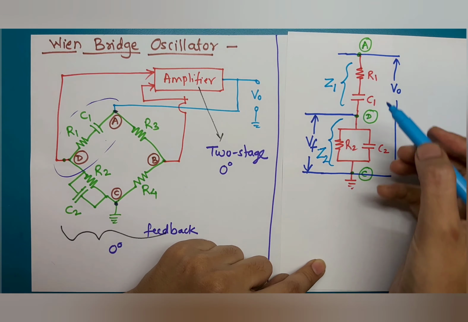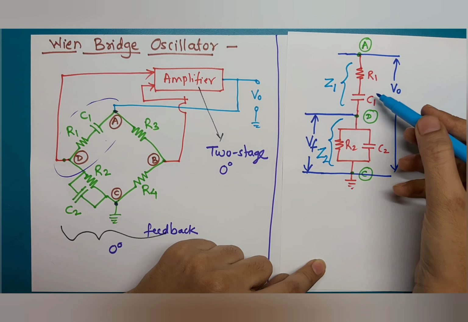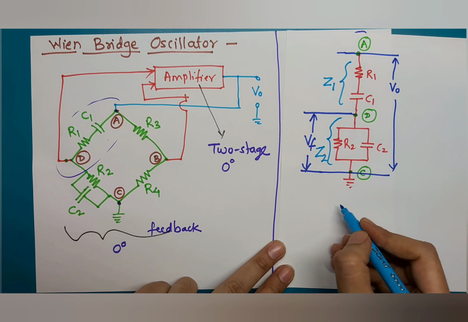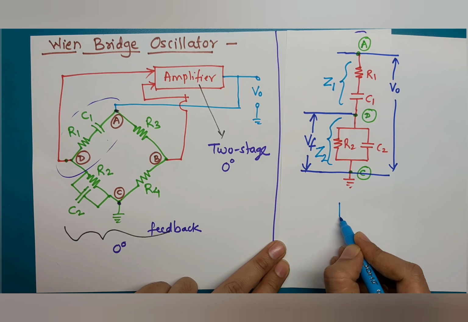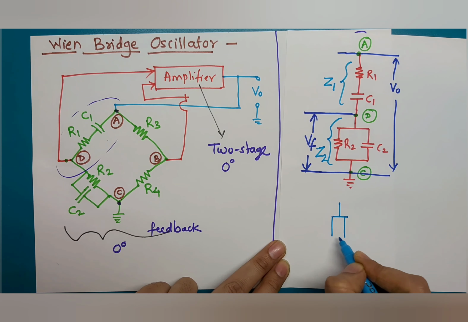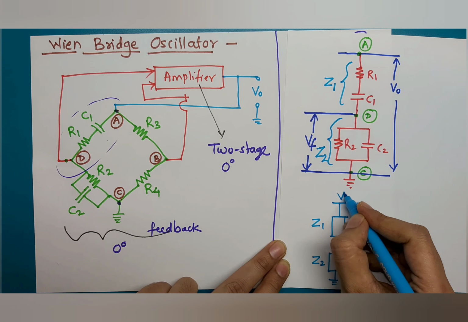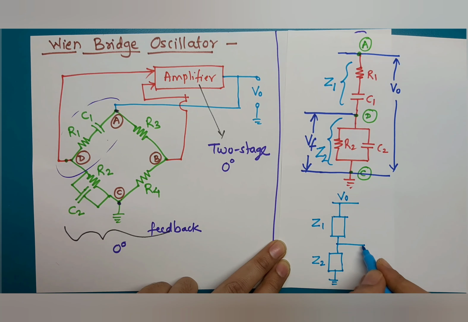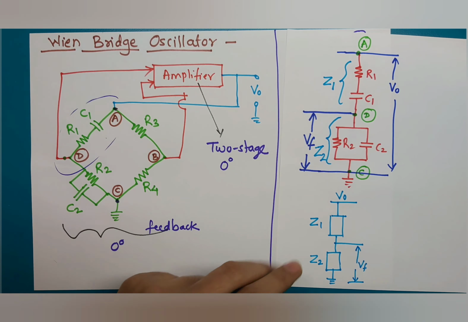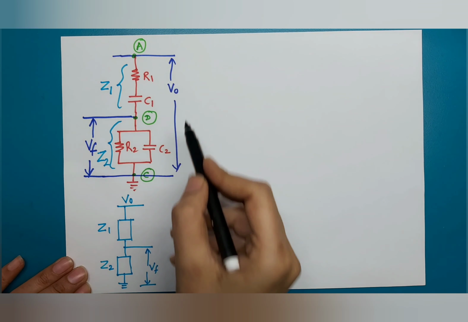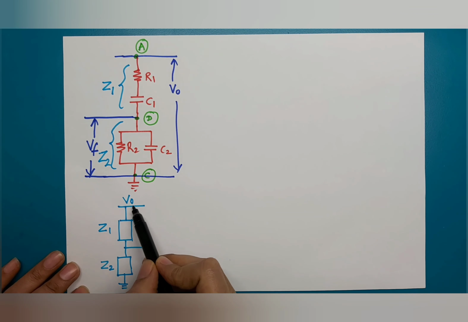So we get simply a potential divider network here, which I can draw in the simplified way like this. Impedance Z1 connected in series with impedance Z2. Voltage applied here is V0 and the voltage across this Z2 is Vf. So this complete thing is the feedback network.